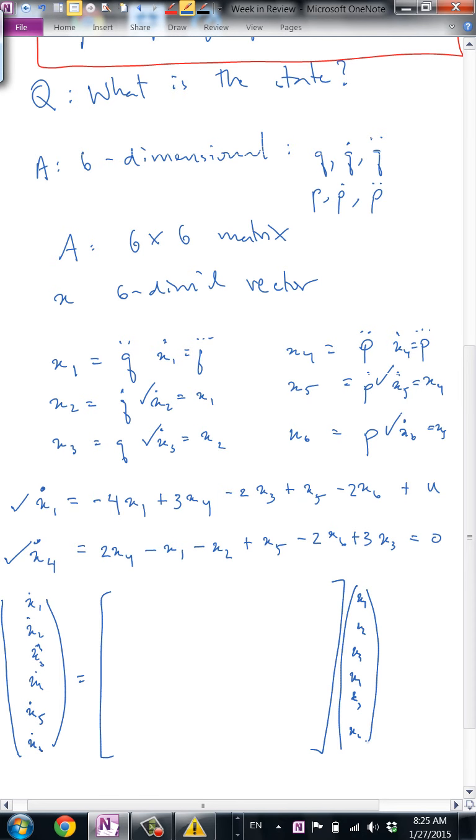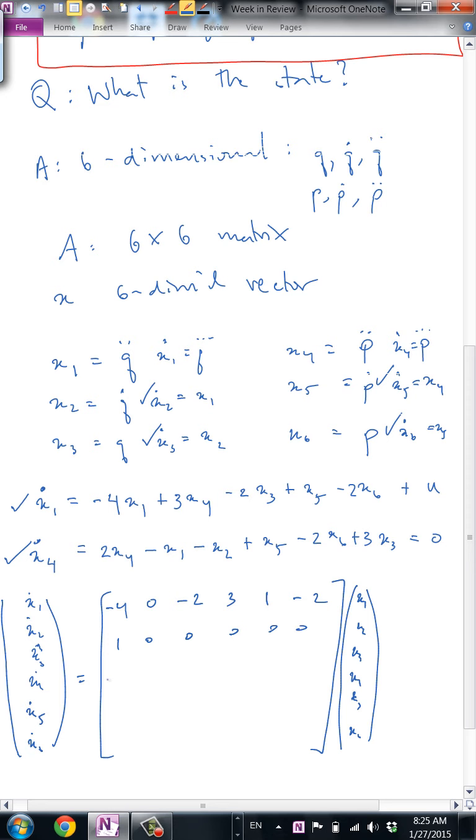x1 dot is equal to minus 4x1, 0x2, minus 2x3, plus 3x4, plus 1x5, minus 2x6. X2 dot is just equal to x1.